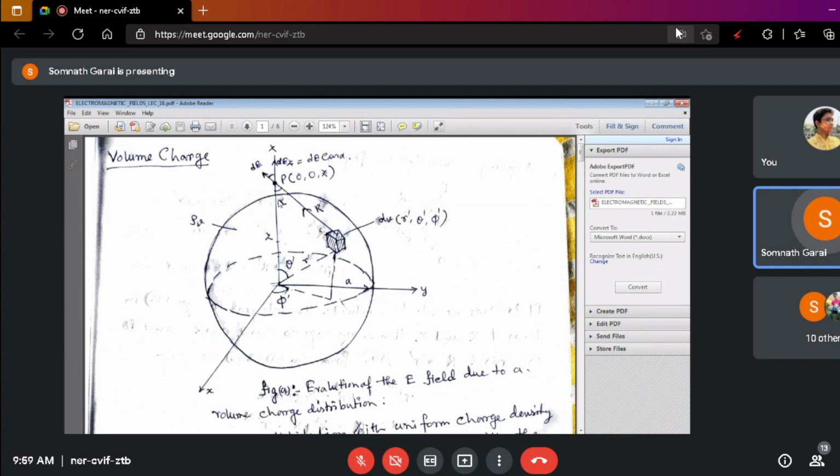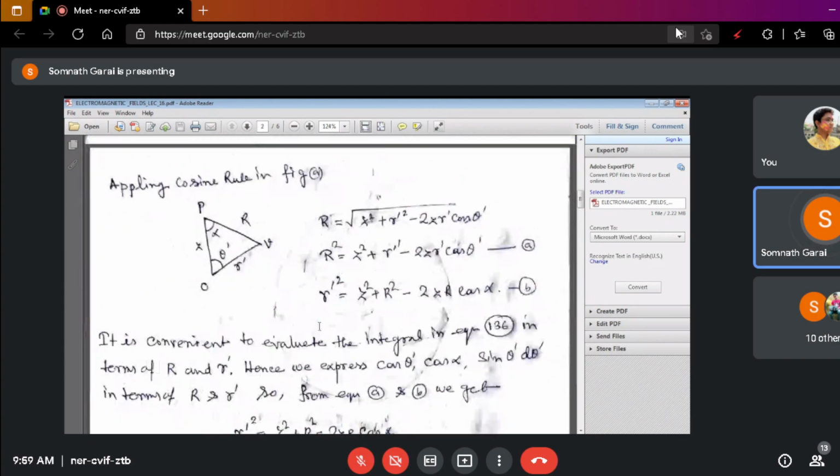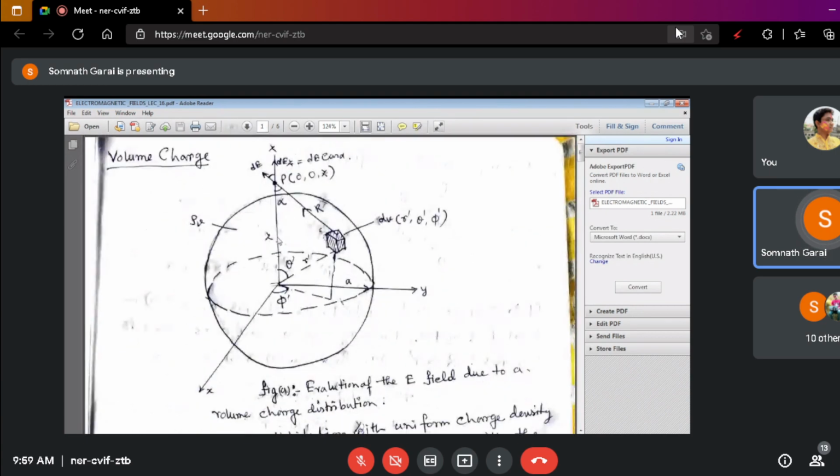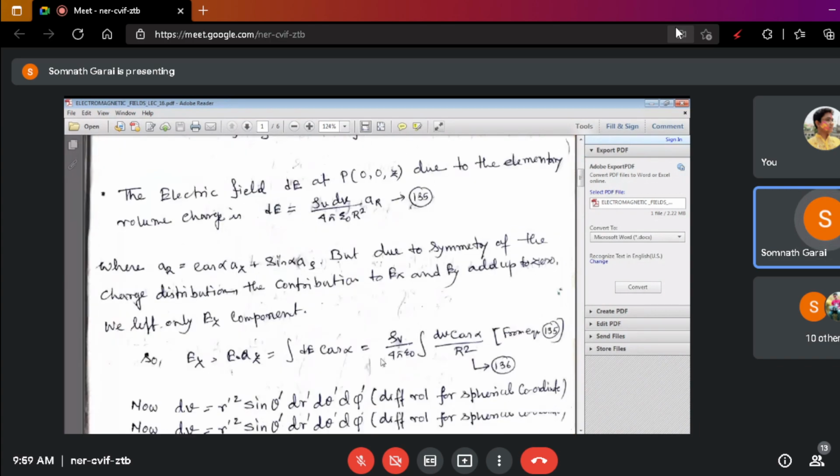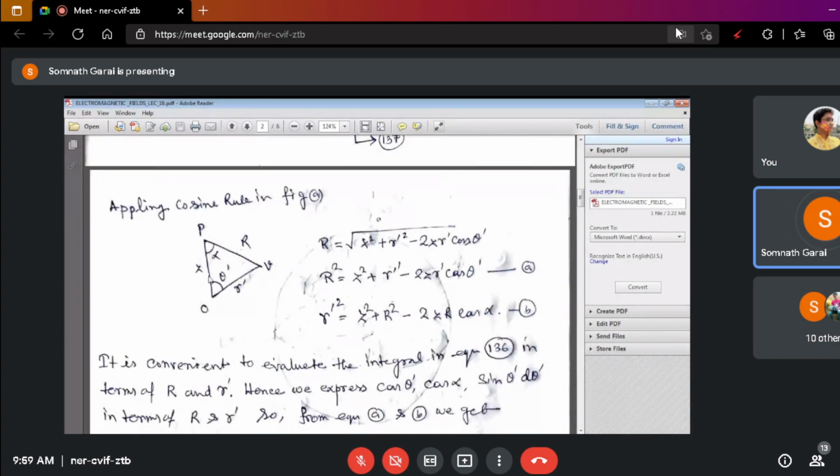If we redraw this triangle, P is the point whose angle is alpha, O is the point whose angle is theta dot, and that is V. The distance OP is equal to Z, the distance PV is equal to R, and the distance OV is equal to small r dot. So we put here R, Z and r dot.